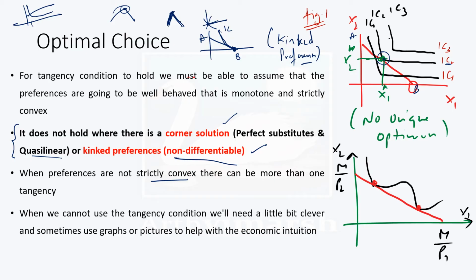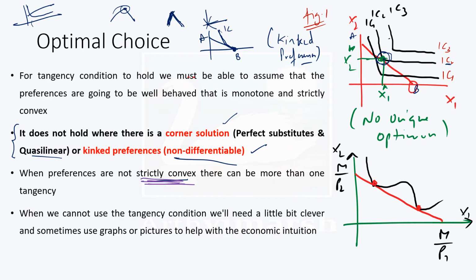We are not looking for multiple optimal solutions. We are looking for one optimal combination of x1 and x2, and that will hold if and only if you have strictly convex preferences and no more than one tangency.